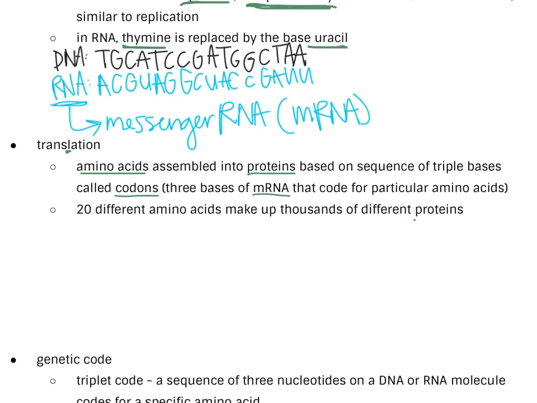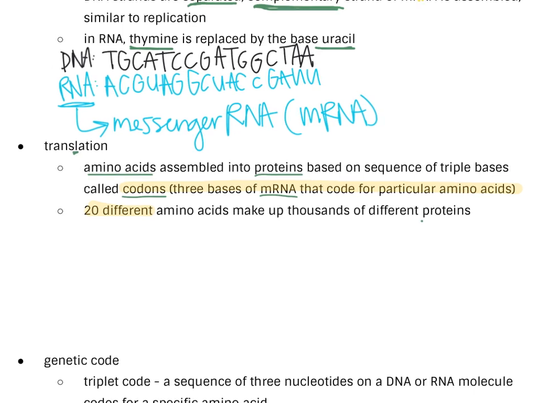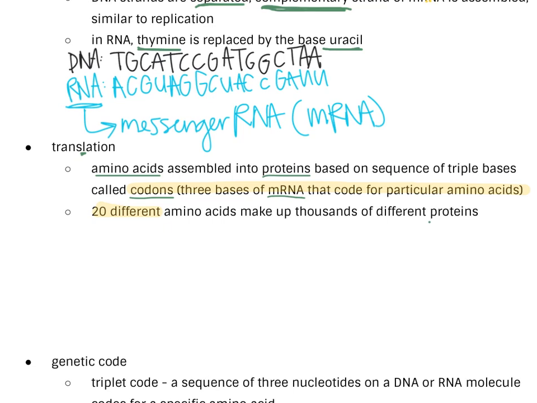Guess what? I'm going to highlight that because that is so important. It's only in mRNA that we will use the word codons. Codons are only found on mRNA, and those code for 20 different amino acids, okay? So there could be many different pairings of the codons of those 3 bases, but they only make up 20 different amino acids.